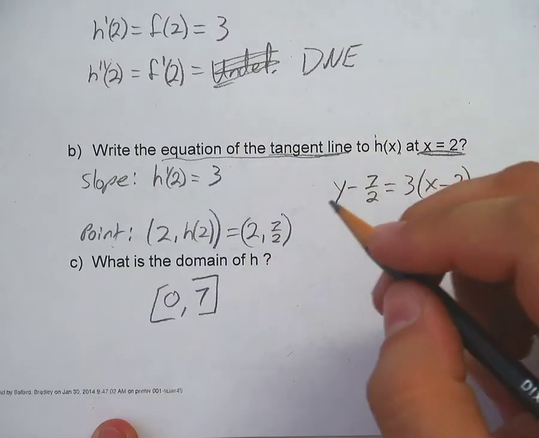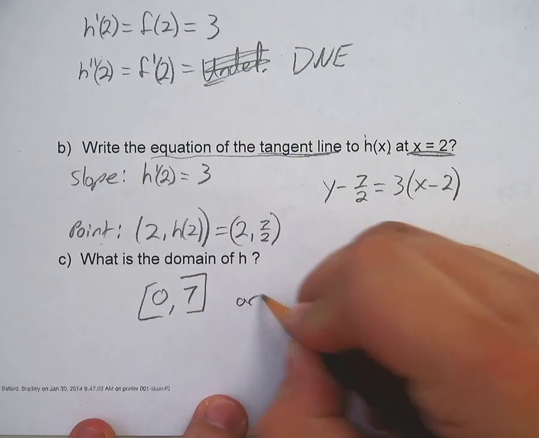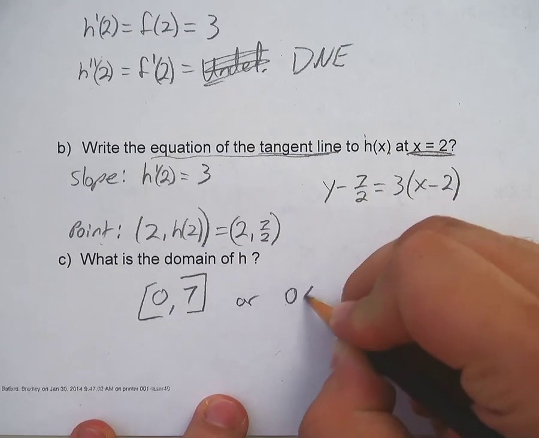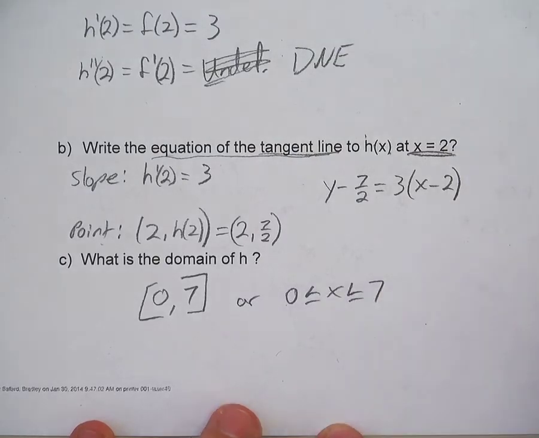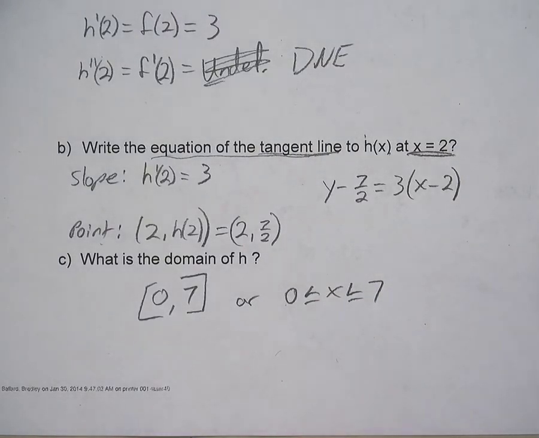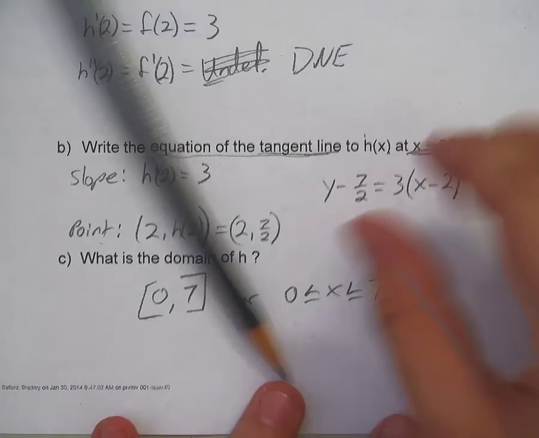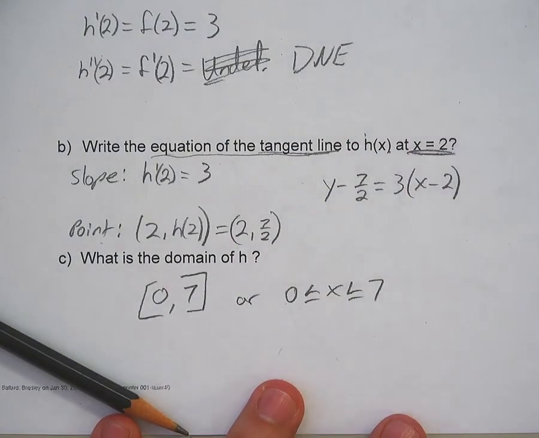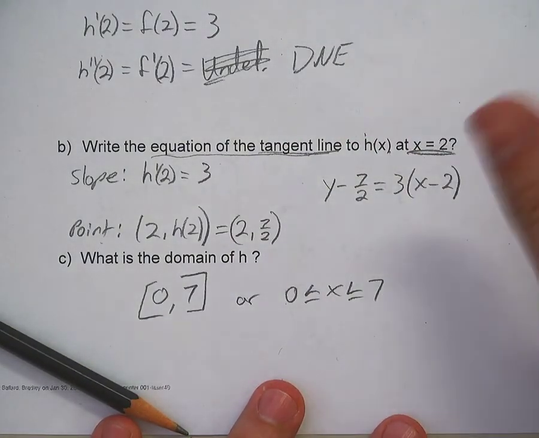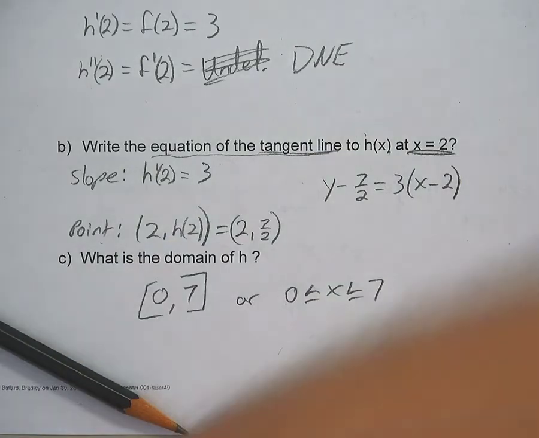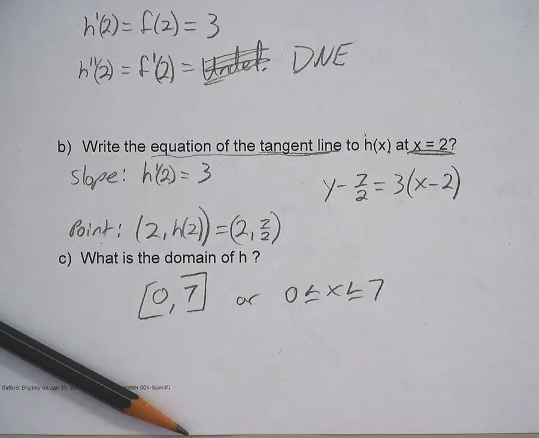You can write this way, or you could say 0, 7. If my function is only defined from 0 to 7, my derivative is, or excuse me, my antiderivative is not going to magically change domains. Now, it can change domains if I put a restriction on it, but there's no restrictions here.